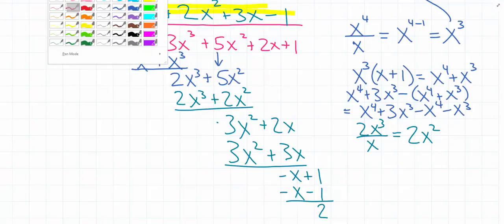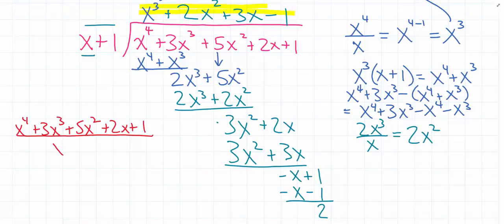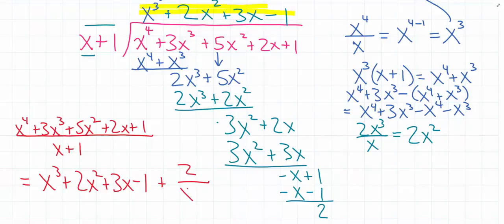We have x to the fourth plus 3x cubed plus 5x squared plus 2x plus 1 divided by x plus 1 is equal to this: x cubed plus 2x squared plus 3x minus 1 plus the remainder, 2 over x plus 1. And this is your remainder term.